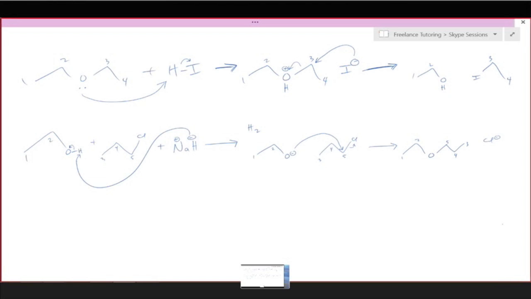So if we don't have a good enough electrophile, how can we get a better one? Add an acid. And how about if you don't have a good enough leaving group? Also add an acid. And how about if you don't have a good enough nucleophile? Add a base. That's one of the most important principles in organic chemistry.